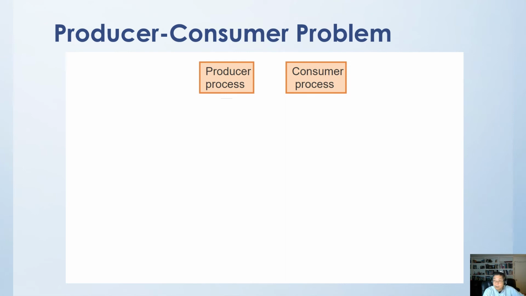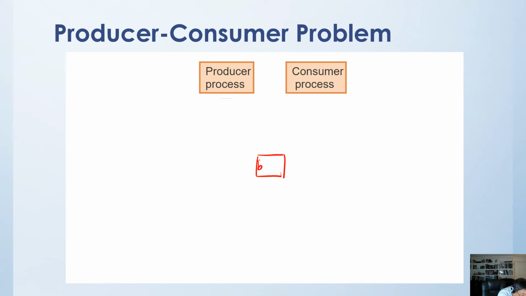Okay, let's take a look at the producer and consumer problem. Producer is a process, consumer is another process, and both processes cooperate to produce the data and consume the data. Now, the middle one is the area where we can put the data.